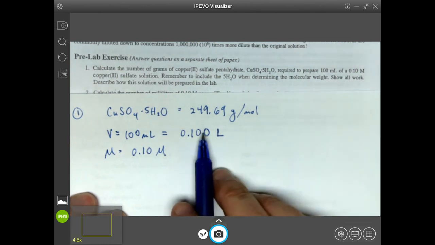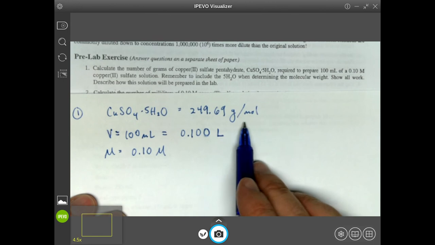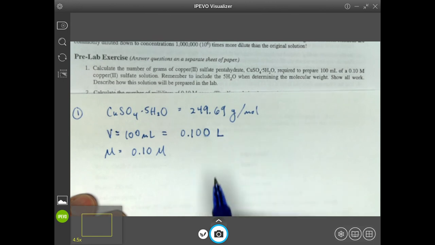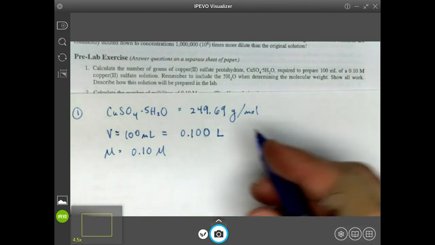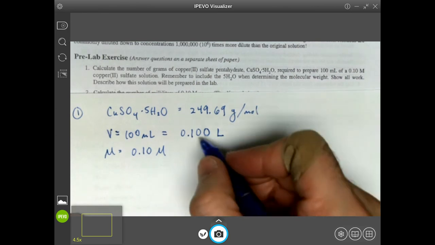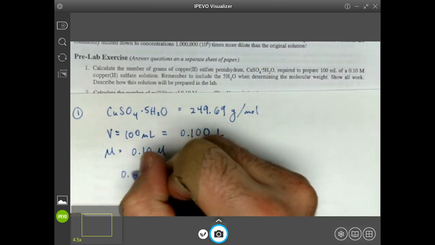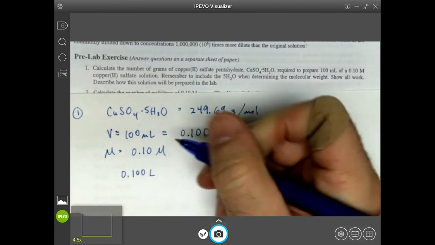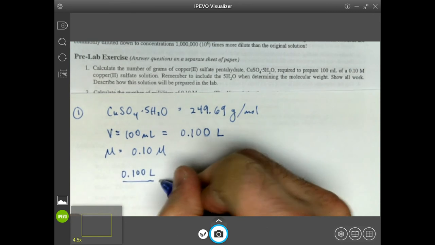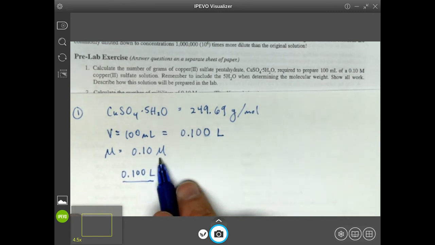Okay, so we need to find the grams, right? You can do it either way. You can do the kind of equation and then convert. I do the dimensional analysis. So I'm going to start with the liters, and I'm going to use the molarity. Remember, molarity is moles over liters, correct?